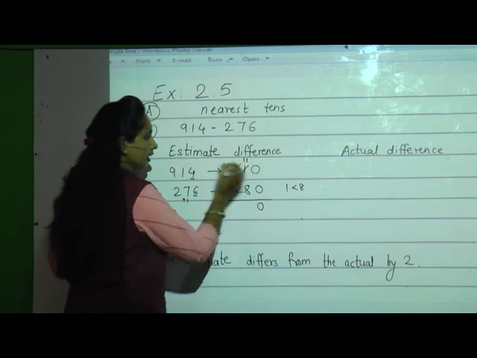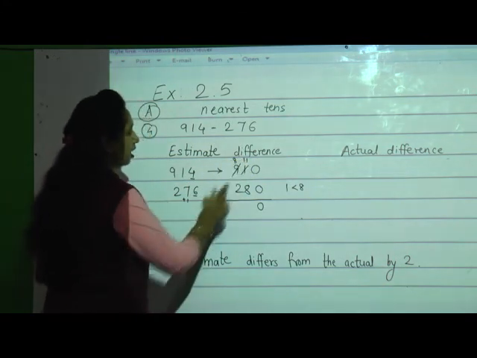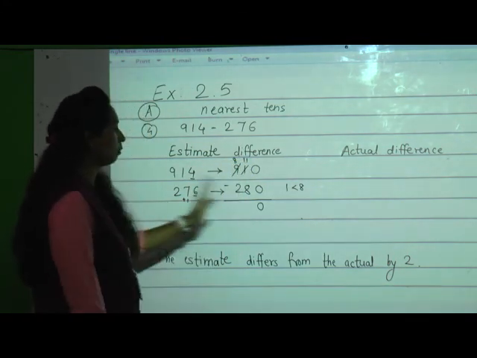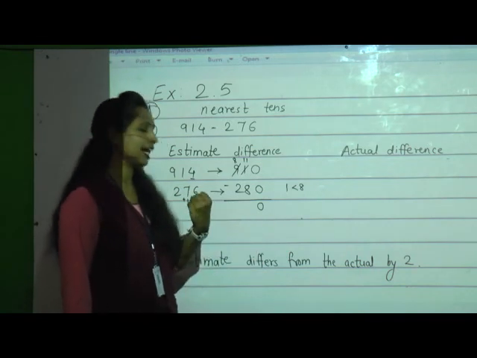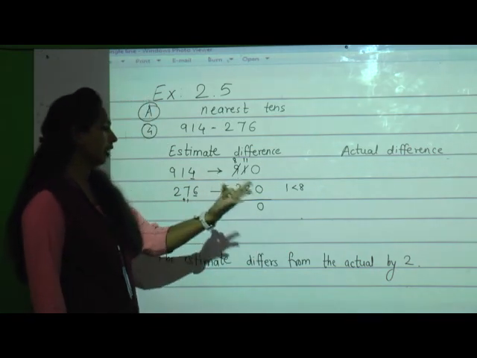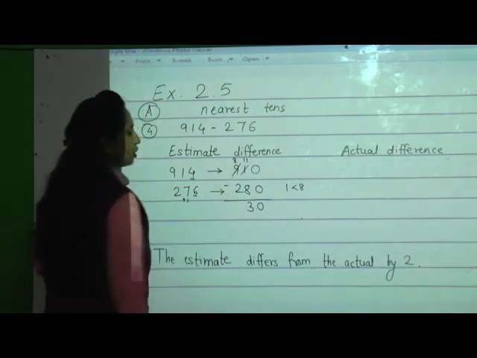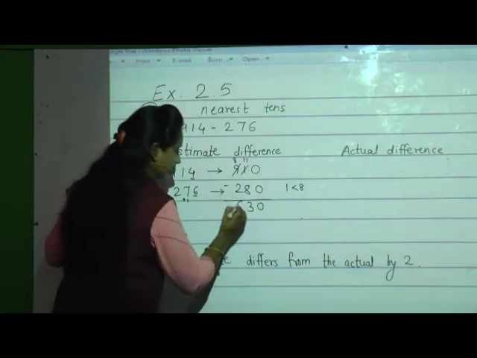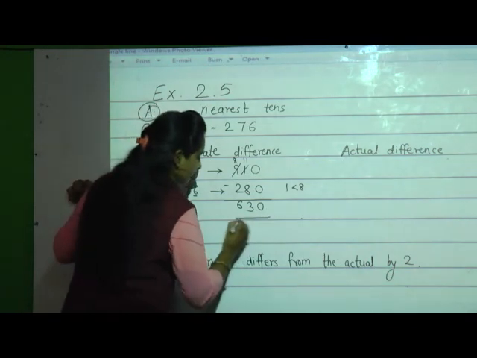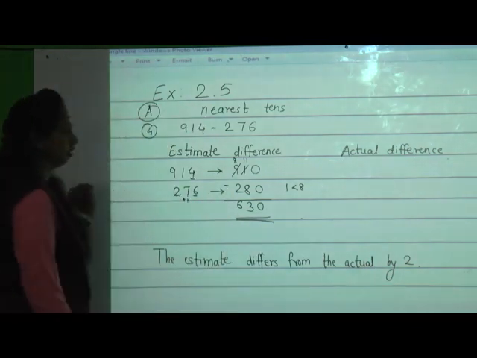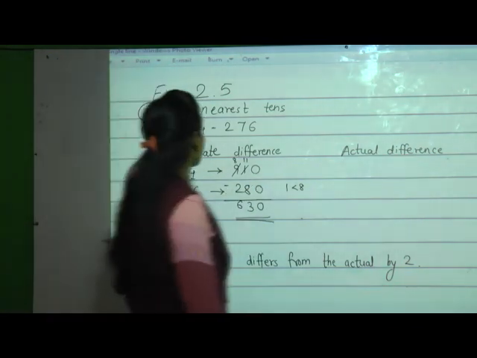Neighbor is having 9, he will give 1, 8 will remain. So 11 minus 8, count after 8 till 11 comes: 8 after 9, 10, 11. How many? 3. So write here 3. 8 minus 2, yes, 6. So what is the difference? 630.